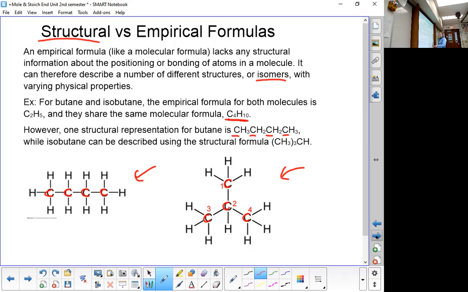It's still C4H10, but it could be written as CH3 three times and then CH to represent the structural difference between the two. So that's the difference between structural versus empirical formula. I'm getting at all of this to show you there are lots of different ways to represent compounds, and there are different places for different ones.